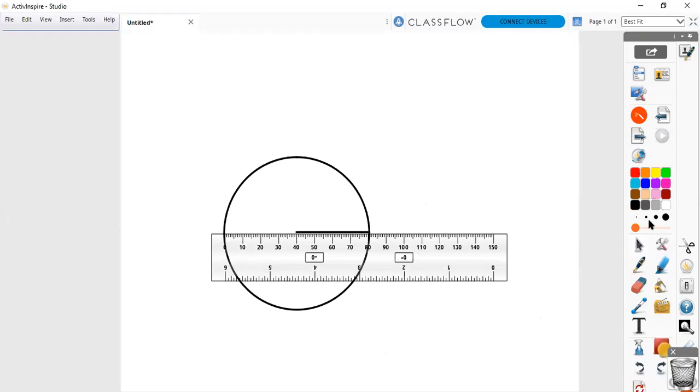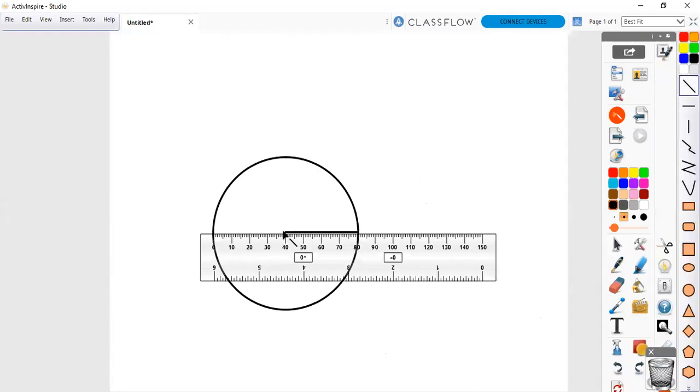Now complete the same thing by using the line again and complete this. This is your horizontal line. Now to draw the vertical line, again you can use your set square like this.